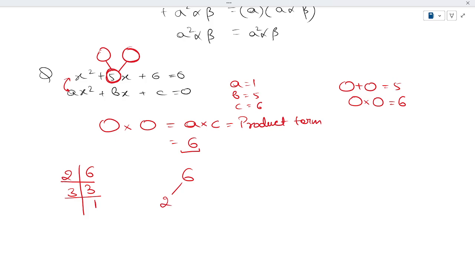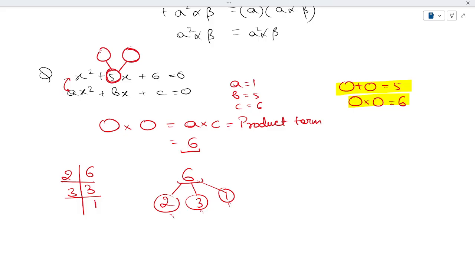So 1, 2, 3 and 6 are the factors of 6, right? By using these factors, we need to form possible combinations satisfying our condition: addition gives you 5 and multiplication of those two numbers gives you 6. So try to make the combination.